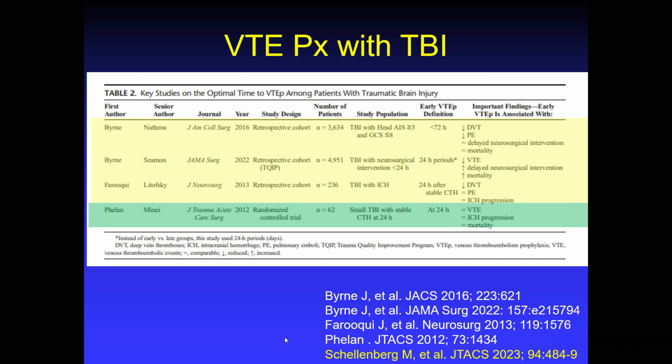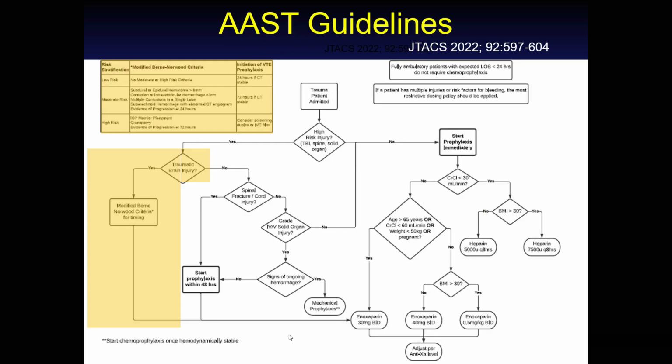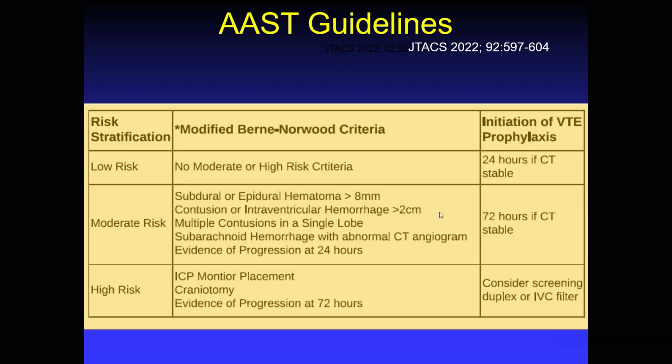So with that background, let's look at the guidelines now. The AAST guidelines endorse utilization of the Parkland protocol with utilization of the Byrne-Norwood criteria to guide the timing of chemical prophylaxis in regards to VTE.